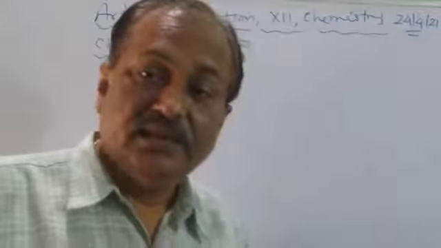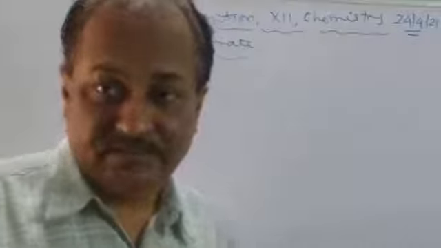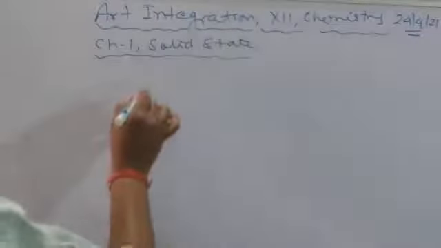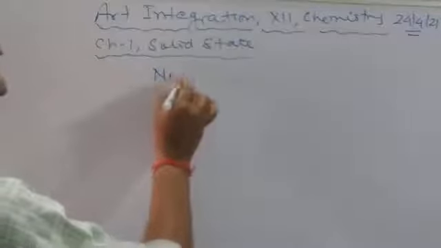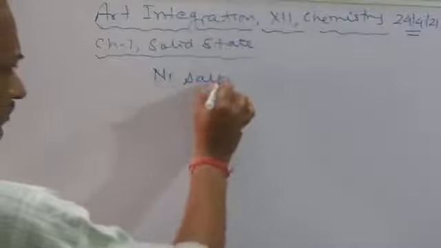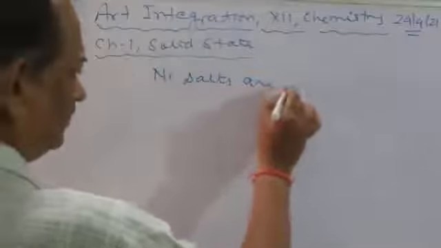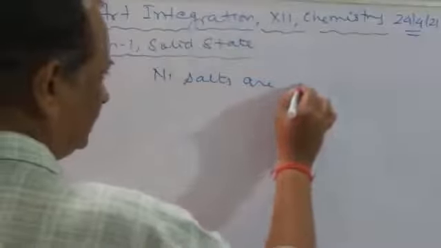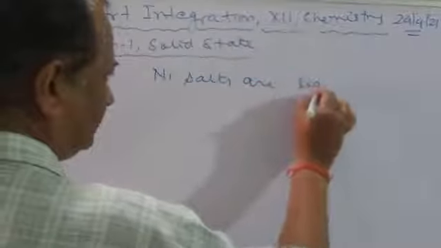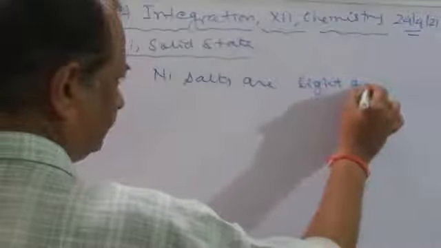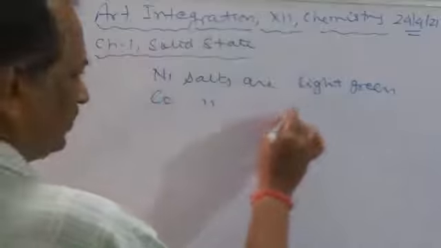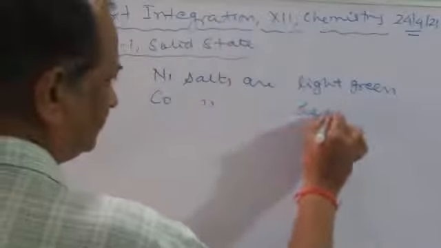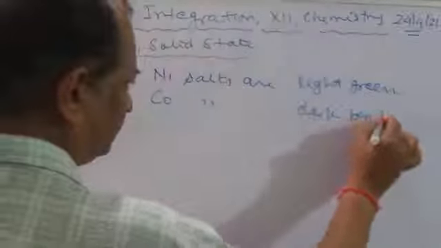Similarly, other salts have similar colors, like nickel salts are light green. Cobalt salts are dark pink.